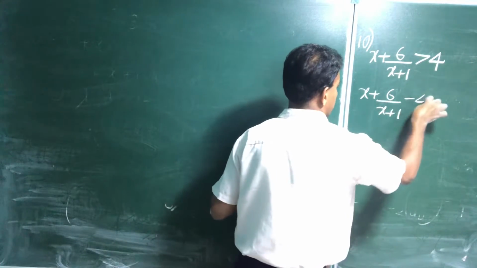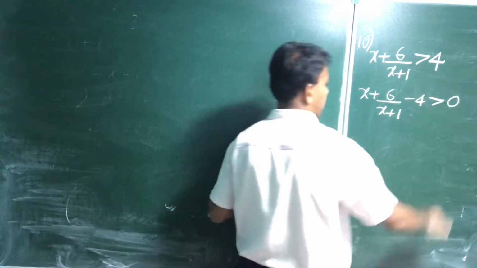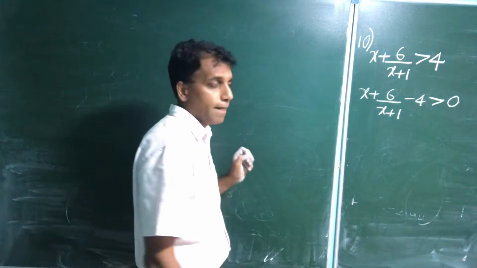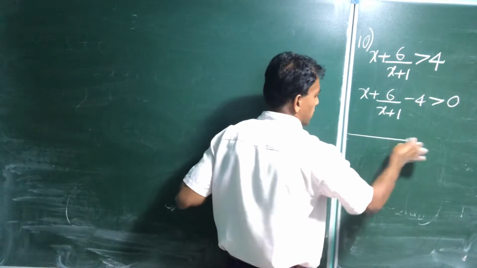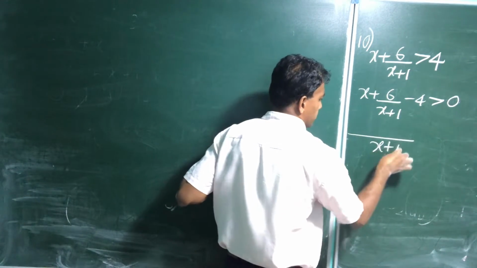I take the 4 to this side: (x + 6)/(x + 1) - 4 > 0. So can I use the algebraic LCM method?